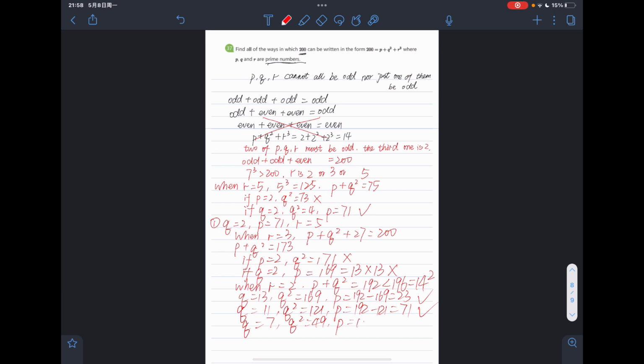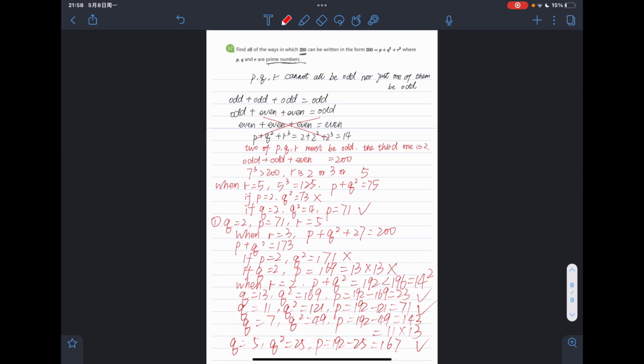Then p equals 192 minus 49 equals 143, which is not a prime number because it can be expressed as 11 times 13. Okay, so when q equals 5, then q squared is 25. Then p is the difference of 192 and 25, which is 167, which is prime. All right.